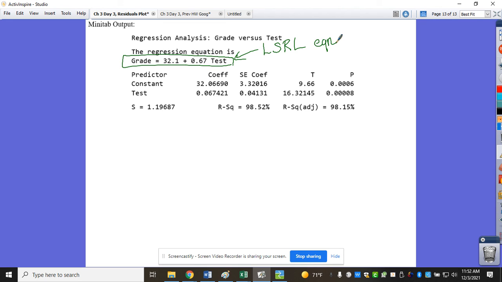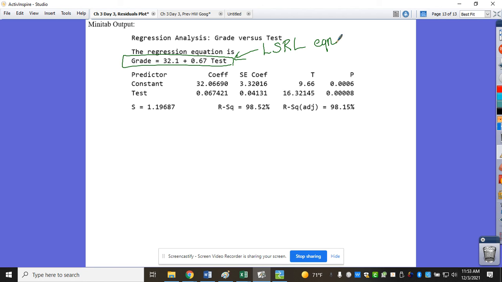32. This is my what? Which is your what? Y-intercept. Does your y-intercept change? If I plug in a value, does my y-intercept change? No. Because that is a what?